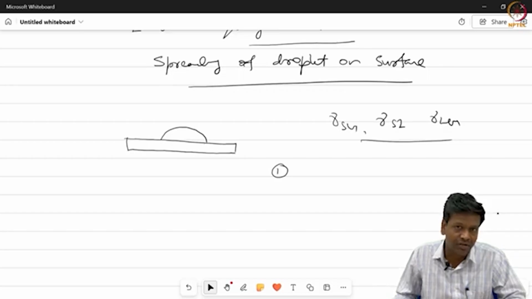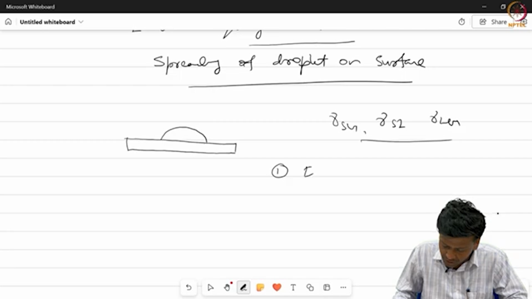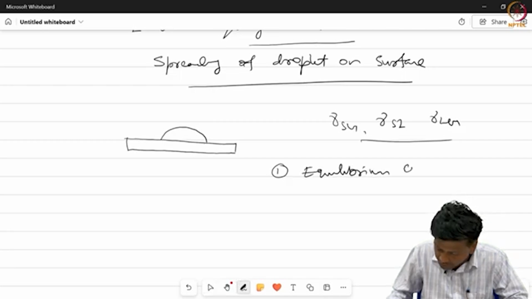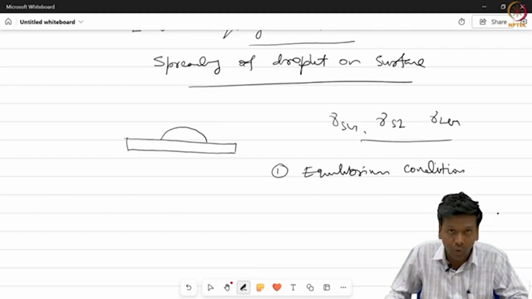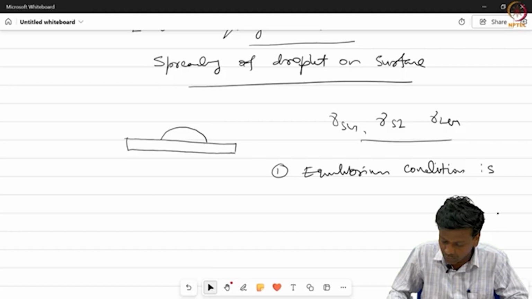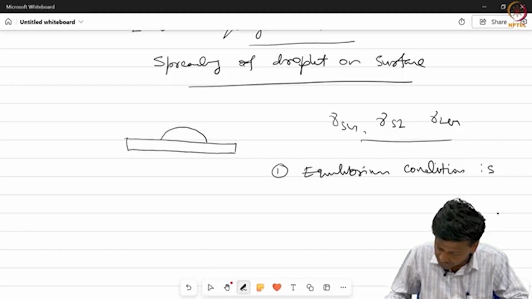Rather, we are interested in measuring the equilibrium contact angle. So, which means that the equilibrium condition should hold. So, we assume that the droplet has attained equilibrium condition, right?